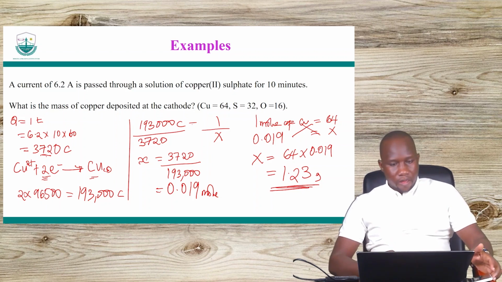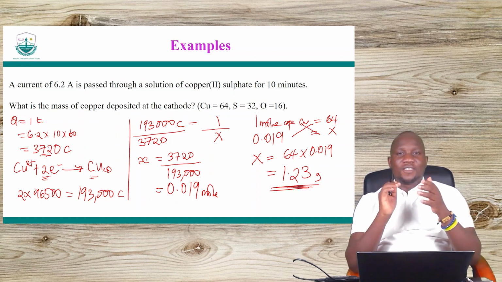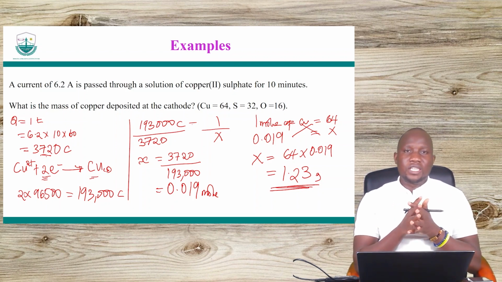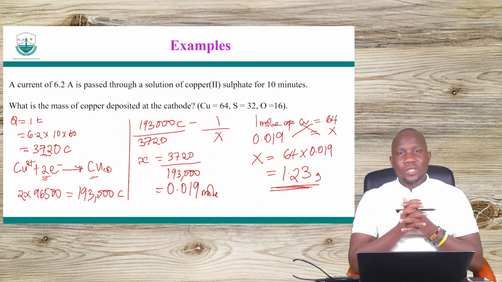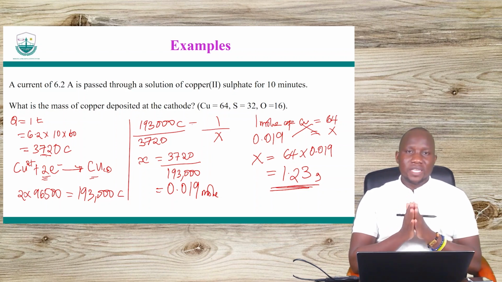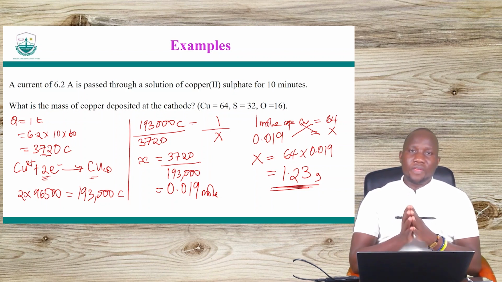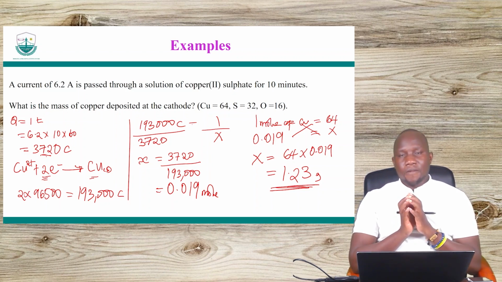So that marks the end of this exercise of calculating quantities of electricity, coulombs, and things like that. But the rules are basically simple. Just understand the principles, and the calculations will be very obvious.